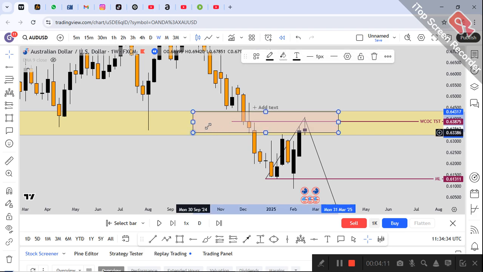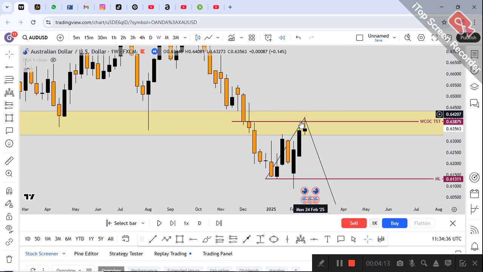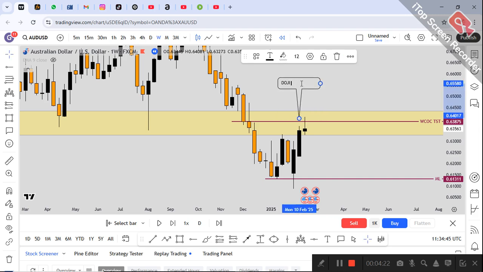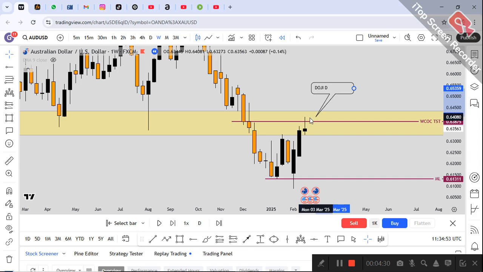And again, another confluence: while price came to this area, you see that we are having an indecision candle. We are having a doji right here, the daily doji candlestick. This indicates that the buyers' power has been exhausted after price came to fill in the fair value gap.